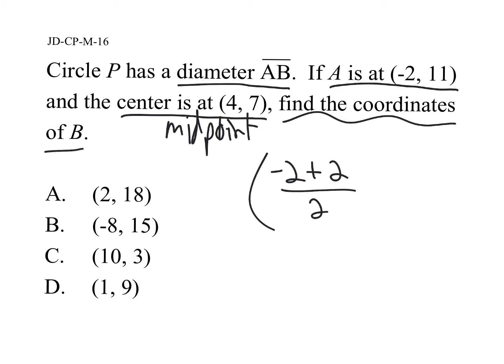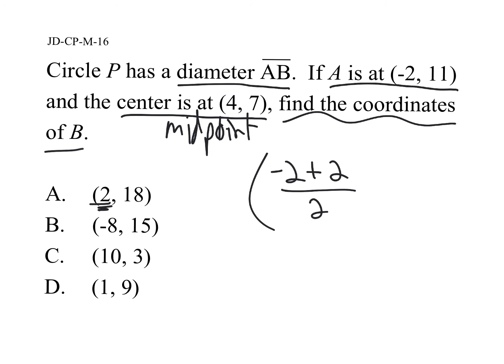If you just think about this for the x's, if you try choice A, negative 2 plus 2 would be 0 divided by 2 is 0. So this would be 0 something. Our midpoint actually is 4 something. So that tells me 2 is too small.